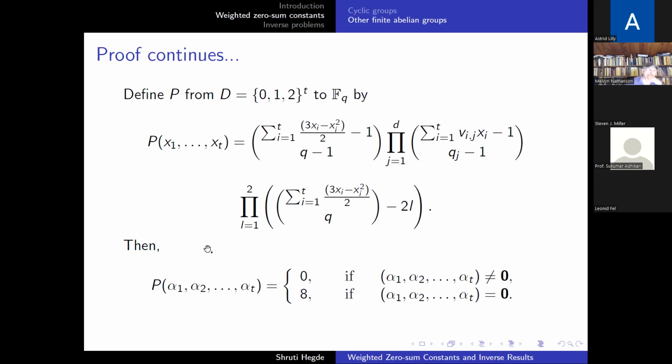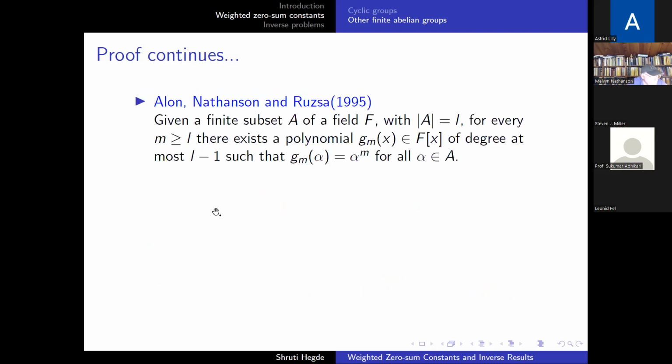By using the fact that there is no Q-length or 3Q-length A-weighted zero-sum in the given sequence, and by using some properties of these binomial coefficients, one can get that the value of P is 0 when this T-tuple alpha_1, alpha_2, ..., alpha_T is not 0, and it is a non-zero constant when this T-tuple is 0. Now we use the lemma by Alon, Nathanson and Ruzsa.